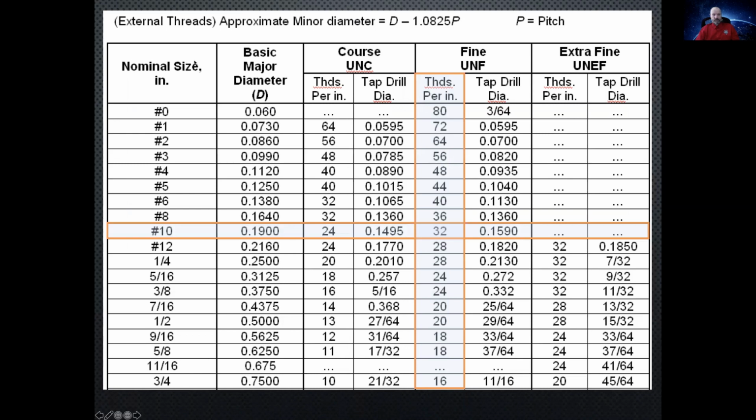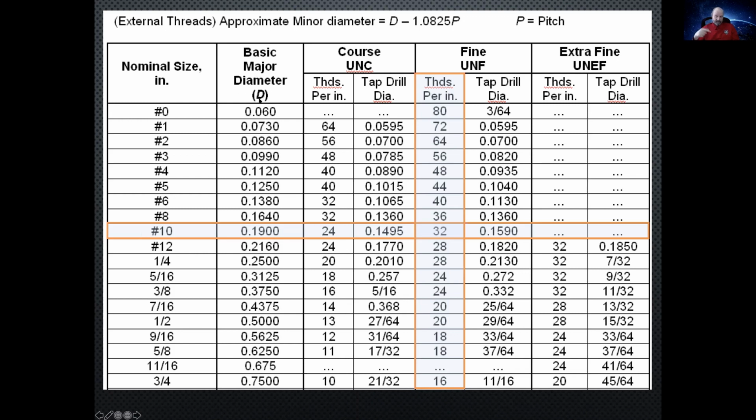Okay, this is nominal size in inches, right? This is a number 10 screw. So if you ever go to Home Depot or something, have to buy screws, they'll have a number 10, number 12, number 8s. Okay, so that's a nominal size indicator. Okay, so a number 10 screw has a basic major diameter.